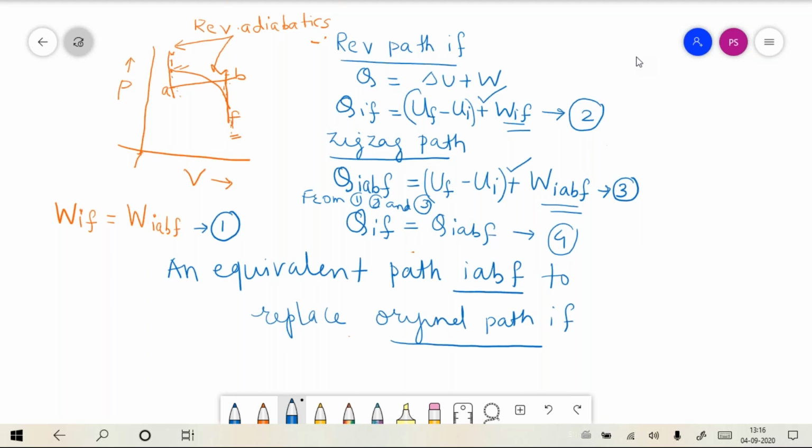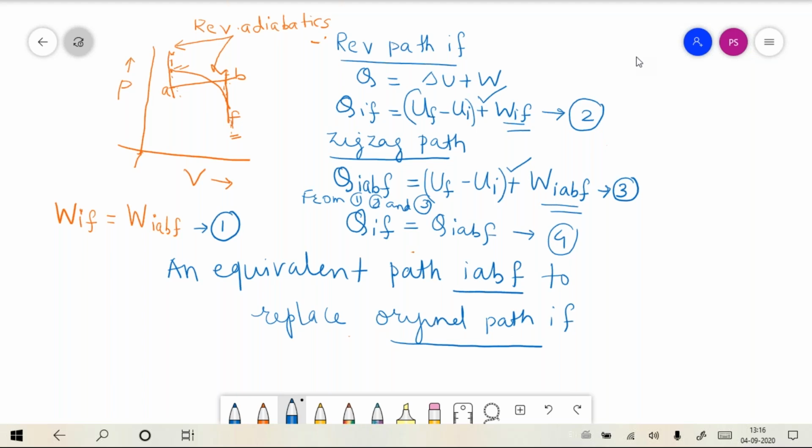That equivalent path is a zigzag path comprising a set of three processes: two reversible adiabatics not intersecting with each other, mind well, with a reversible isotherm in between.